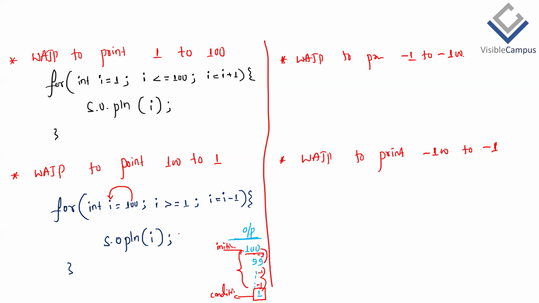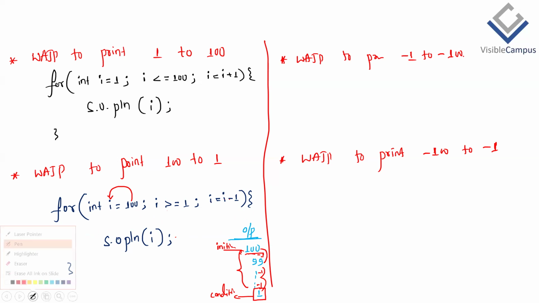Bigger means greater than or less than? Greater than. Then we should include 1 or not? That's why greater than or equal to also. Therefore, this is the correct condition. Then decrementation: because it's 1, i equals i minus 1 is the decrementation, decrementing by 1 every time. Then the loop body prints i. So this is the correct one.